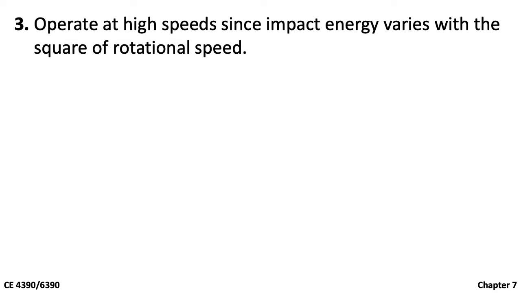The shaft typically needs to operate at a very high speed in order to create sufficient impact energy. This machine can achieve a reduction ratio up to 20 to 1.